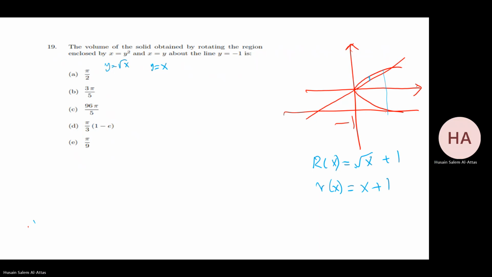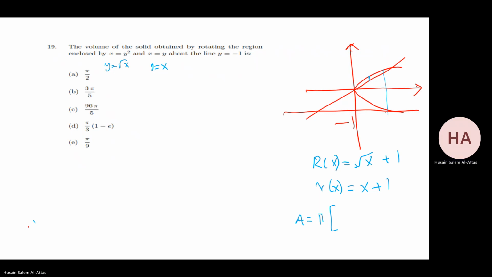So the volume. Okay. Now, the area will be by the integral of what?